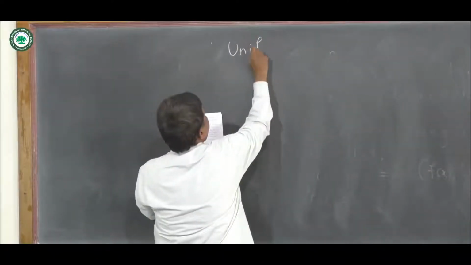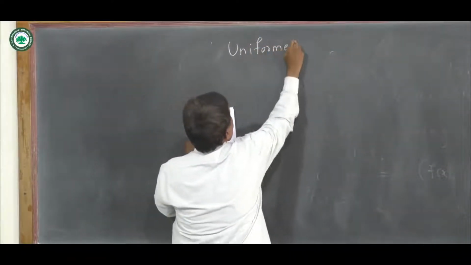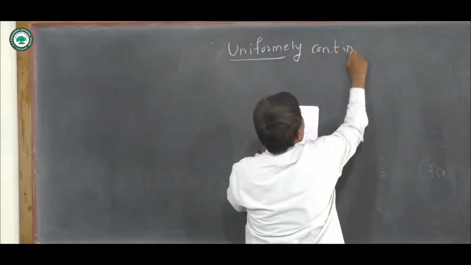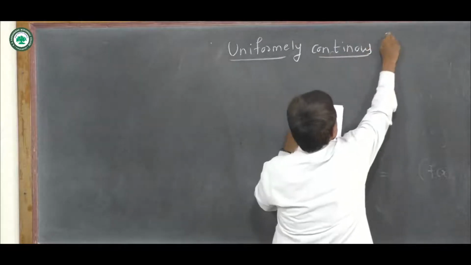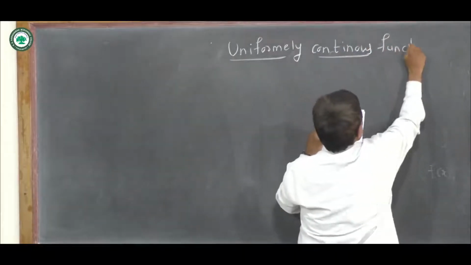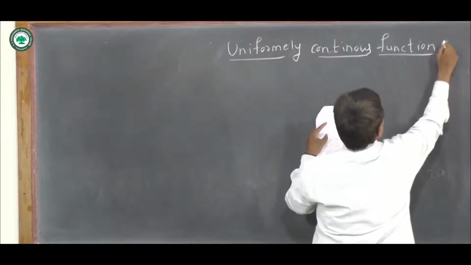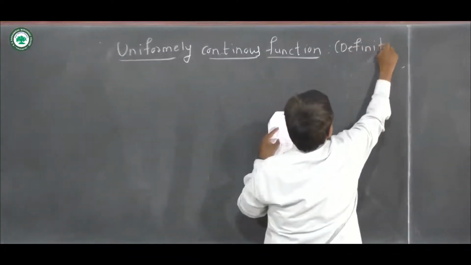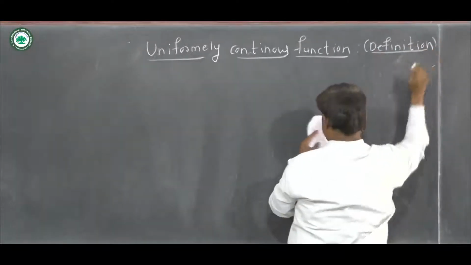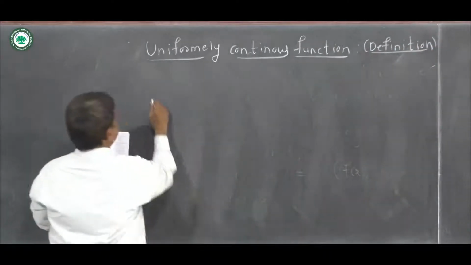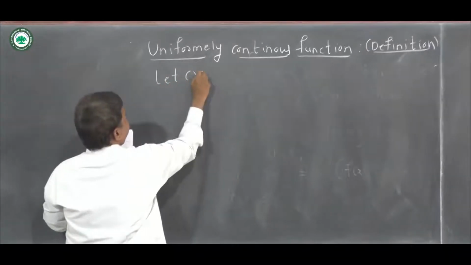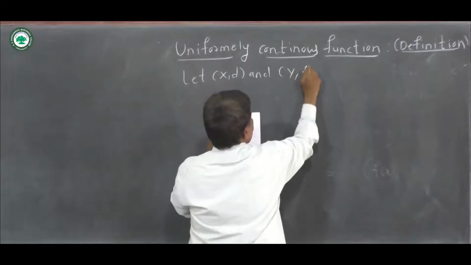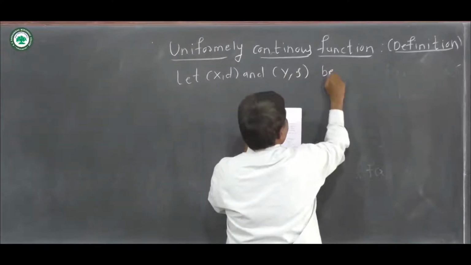Uniformly continuous function. Definition: let (X, d) and (Y, rho) be metric spaces.